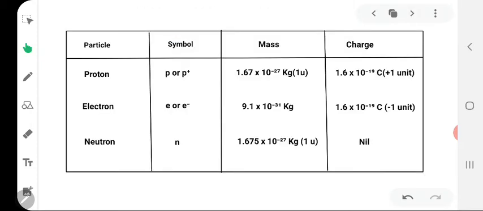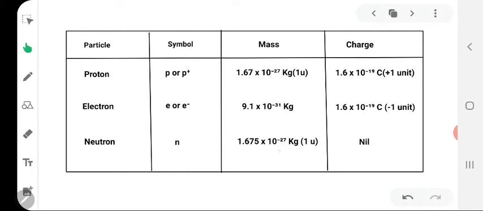So let us quickly study a comparative account of the 3 fundamental particles, beginning with the proton, which is symbolized by p or p+. Mass is 1.67 × 10^-27 kg, that is equal to 1 u, and its charge is 1.6 × 10^-19 coulombs, which is +1 unit. Second is the electron, denoted by e or e-.